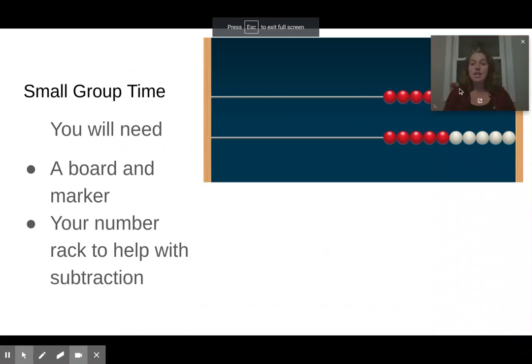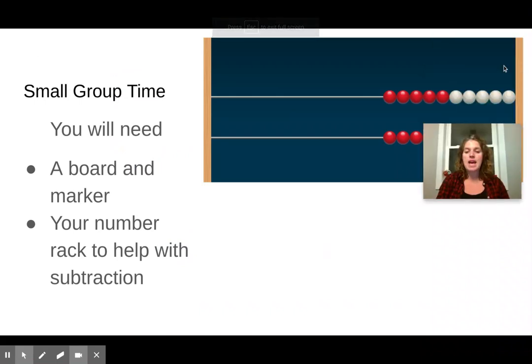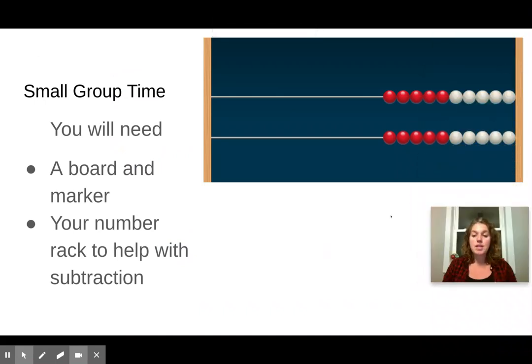All right, so today during our small group time, you will need your board and marker, and let's bring your number rack to help with the subtraction problems, because we'll be using our number rack to kind of help us with taking away, but more importantly, to help us see when we have 2 different numbers and we're comparing them. That's where we all got a little bit stuck before we left for our virtual learning, is when we were comparing the 2 numbers.